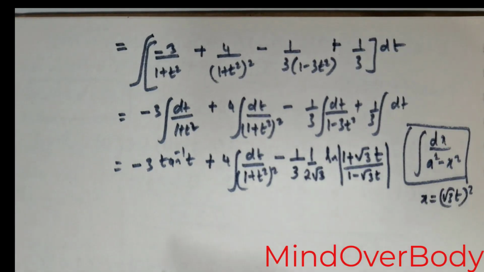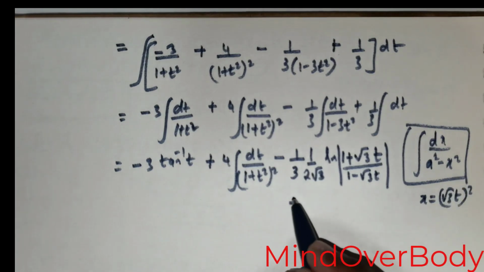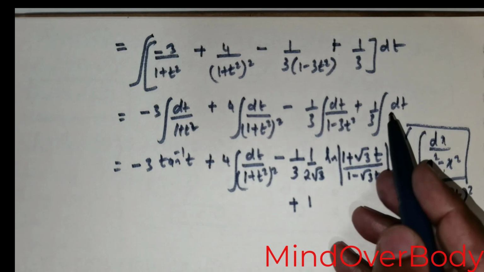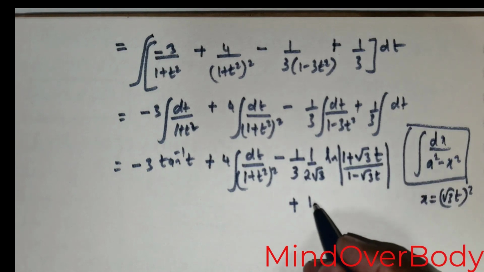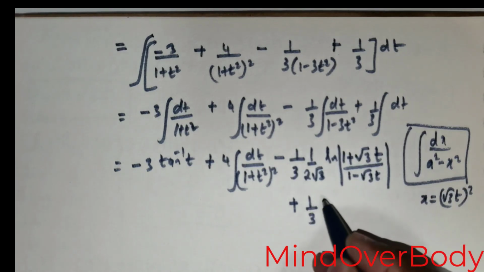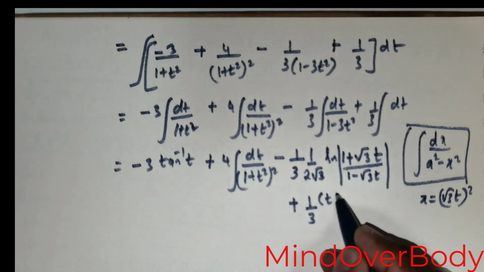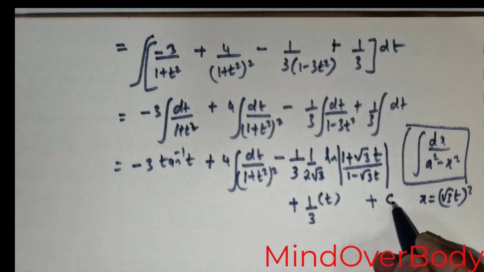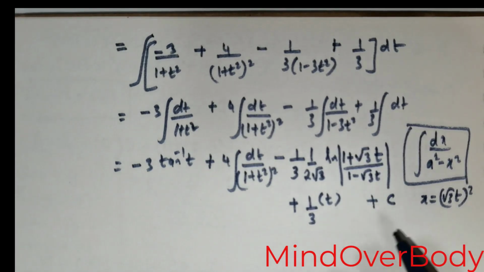This is what we would get. This is a straightforward substitution, and this is followed by 1 over 3 integral of dt. That's going to give me t. So it's going to be 1 over 3 times of t plus, of course, arbitrary constant. I don't want to retain it now, but just for sake of consistency, let it be there.